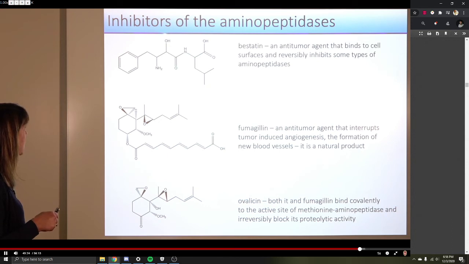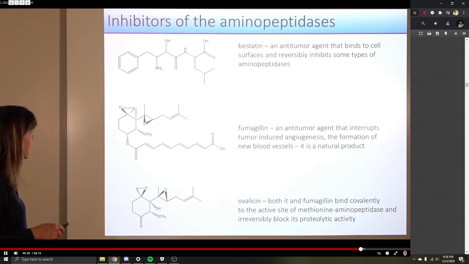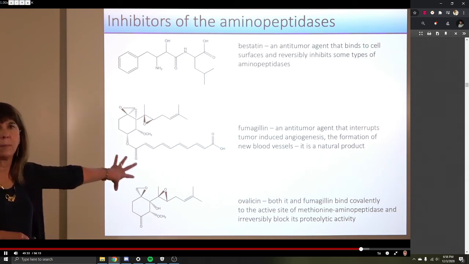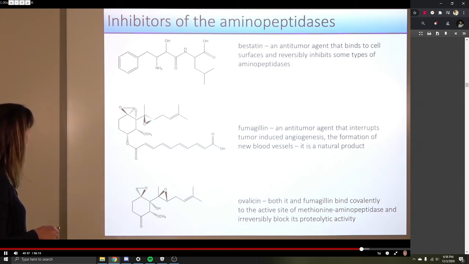Now we have a hydroxyl group sitting there instead of a carbonyl group. Now, that's bestatin, but fumagillin and ovalicin, if you look at those, well, they don't look like peptides at all. But they do inhibit these aminopeptidases, and they have these epoxy groups here that are very reactive.